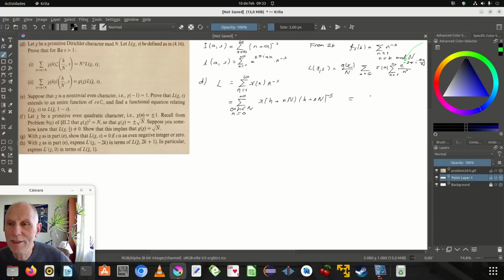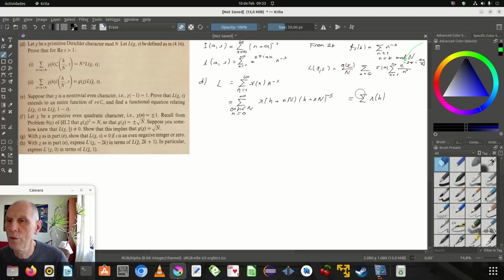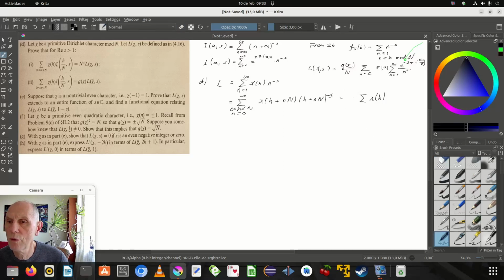Ooh, I'm getting this, I think. So this is of course equal to chi of h. That was the whole idea. And here we could put n to minus s outside parentheses. And then we get h divided by n plus n to minus s.